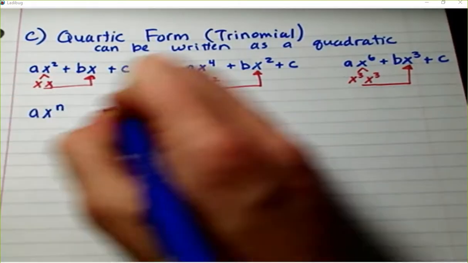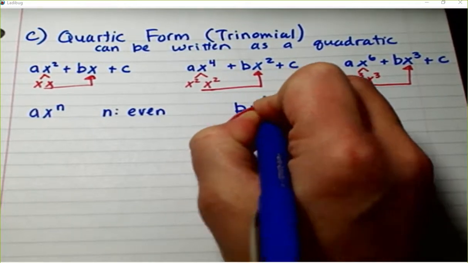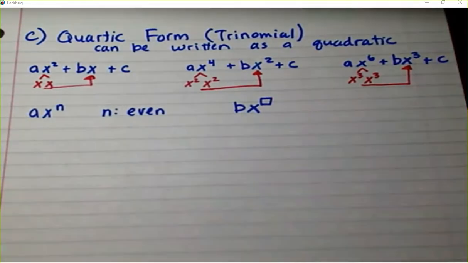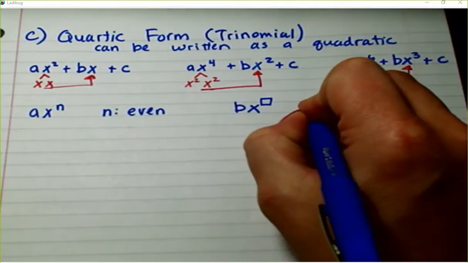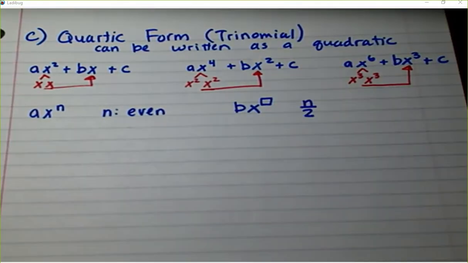So if I look at the bx to the exponent, what can I say about this exponent? How do I figure out what it is? It's half of it. It's n over 2. That's why n has to be even, because that middle term has to be half of it. Okay, so we've got this quadratic form, and if I can figure out that it's a quadratic form, then I'm just going to use multiply add numbers.